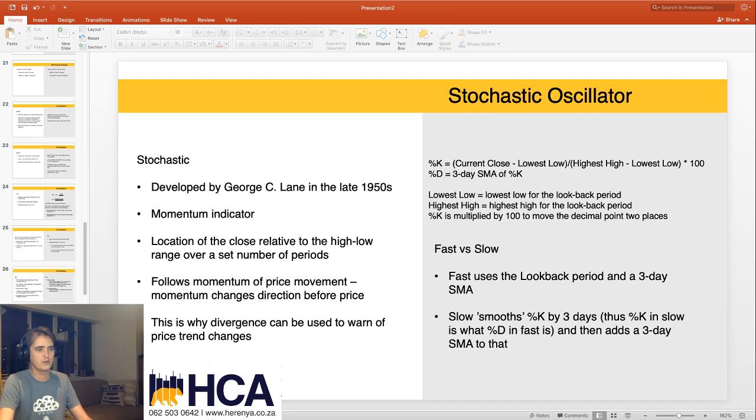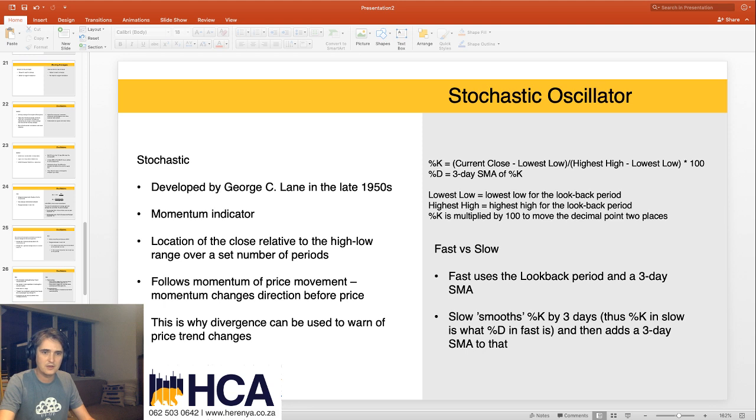Inputs 14, 1, 3, that is a fast stochastic because we're not smoothing K, so we are working out K with a 14-day look back period, and we're smoothing that by 3 days, and this is the indicator that it gives us. If we then apply a 3-day smoothing on the K, we end up with a slow stochastic, and we get a much sexier picture.